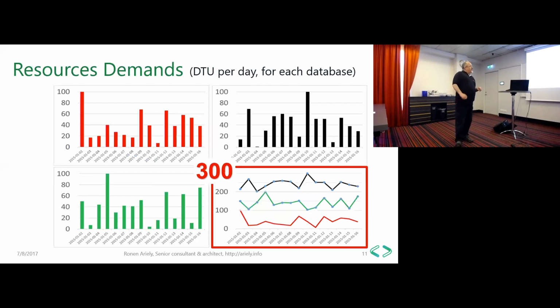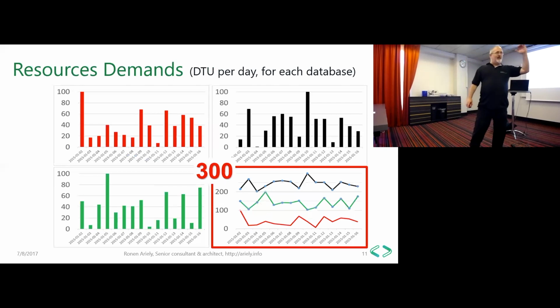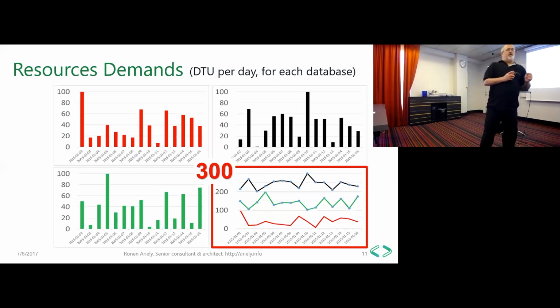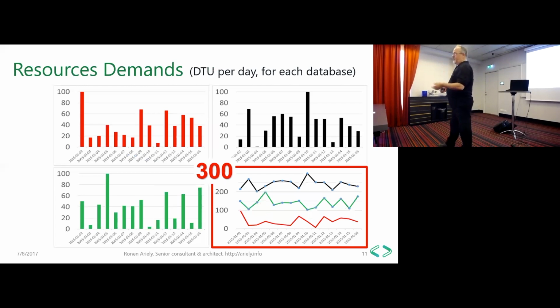If you check more carefully, you can notice that each one of those databases has a peak of 100 DTU. So if we want to manage those as separate databases in Azure, we will need to pay at least 100 DTU for each of those databases, which means we pay Microsoft 300 resource units.